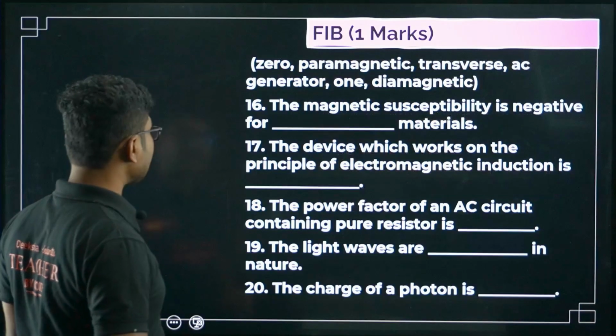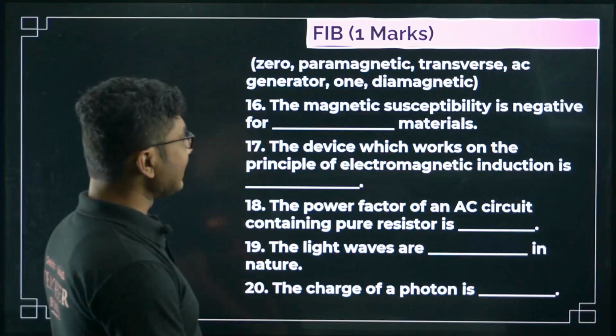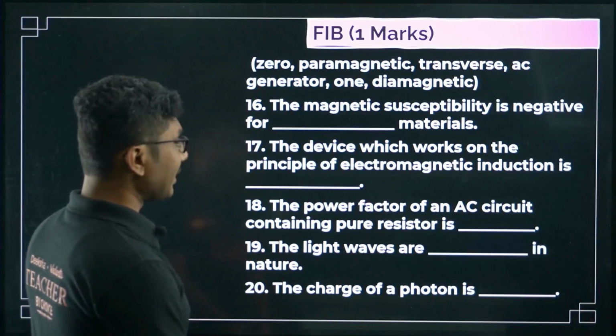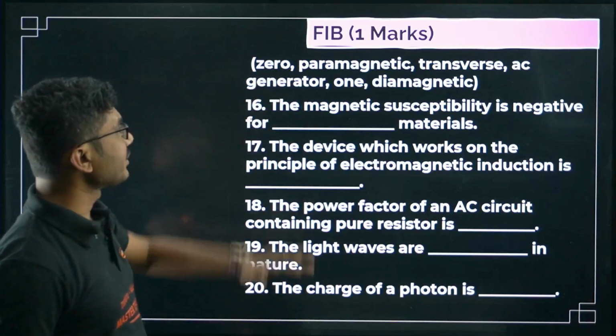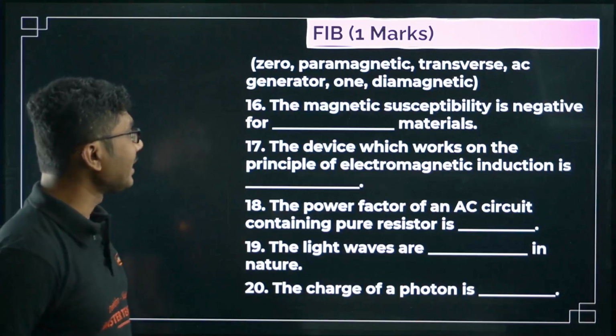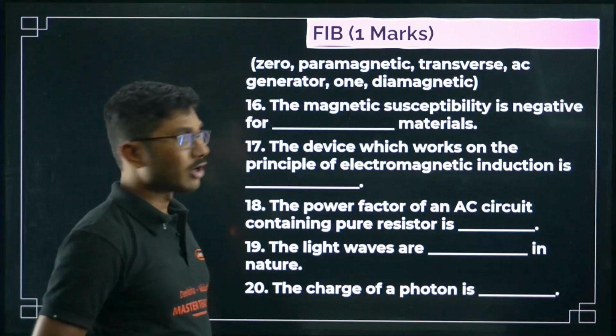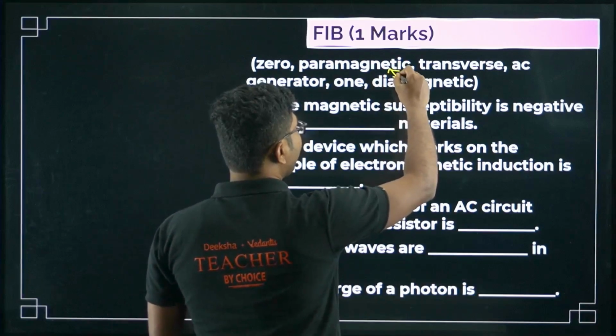Now let's move on to the next part. The magnetic susceptibility is negative for dash material. So this is the fill in the blanks. You have to check all the options given: 0, paramagnetic, transverse, AC generator, 1, diamagnetic. From the given options we can see that either the answer will be paramagnetic or it will be diamagnetic.